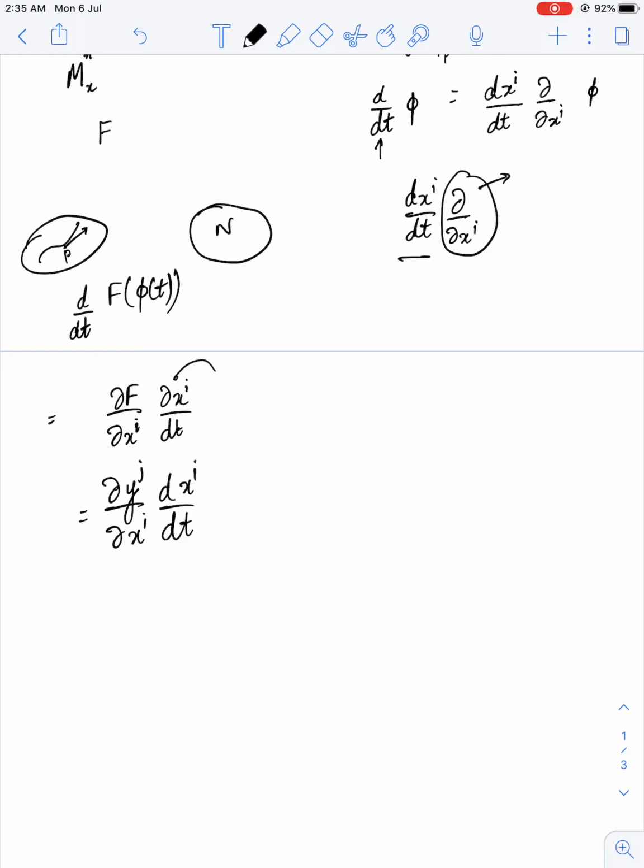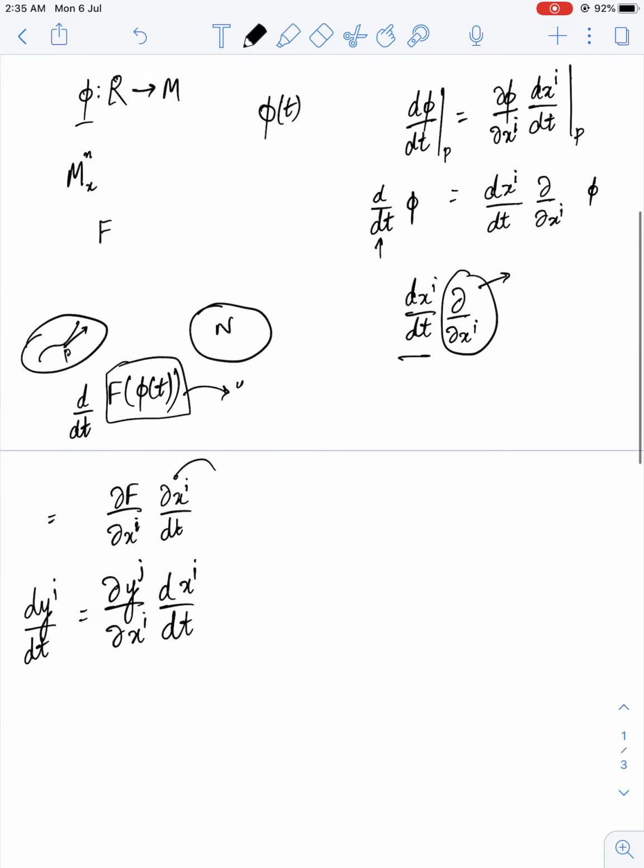This is some point in N, so it is dy by dt, and here you see this is the component of the vector. If I use this linear transformation, this linear operator, it maps tangent vectors in one manifold to another, which is given by f. It's denoted by f star, and it's called the differential.